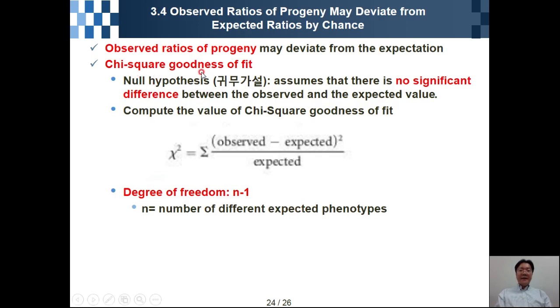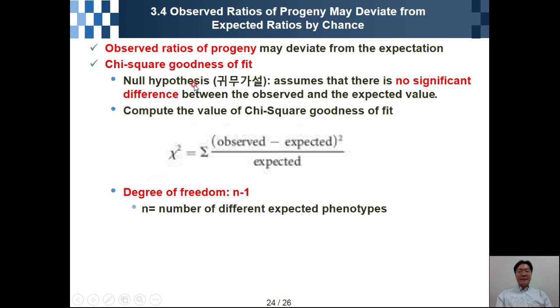So in this case we will do the chi-square goodness of fit test. Okay. First, to calculate the chi-square goodness of fit, we have to make the null hypothesis.